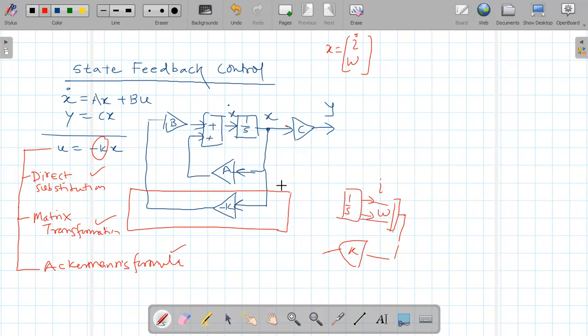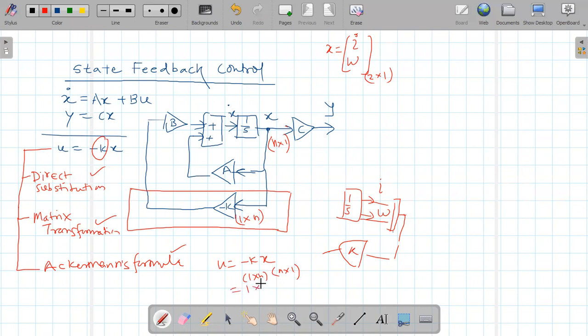So here we need to note down one important point: the dimension of x is n by 1. n by 1 म्हणजे इथे किती आहे 2 by 1. And here the dimension is 1 by n. म्हणजेच काय u is equal to minus Kx. K ची dimension काय 1 by n आणि x ची dimension n by 1.